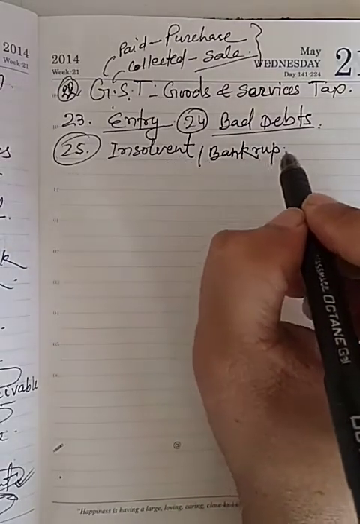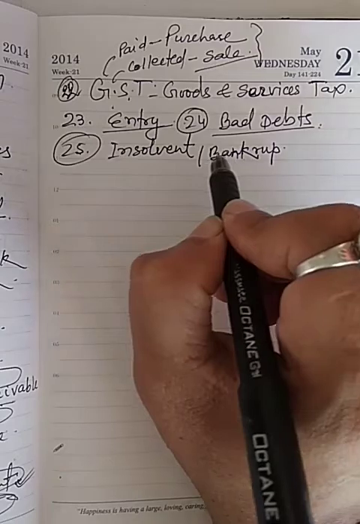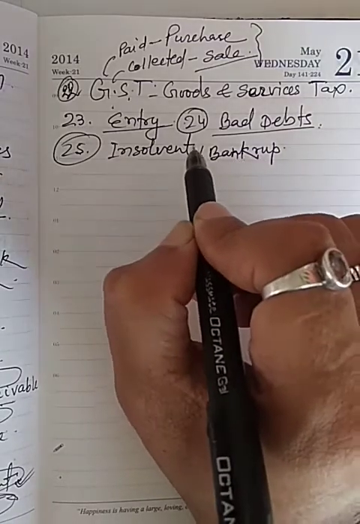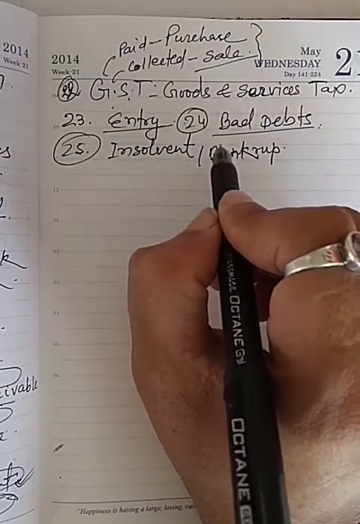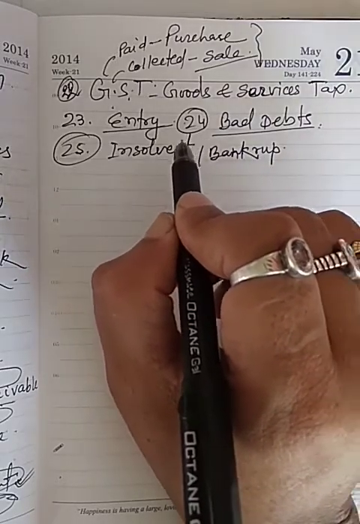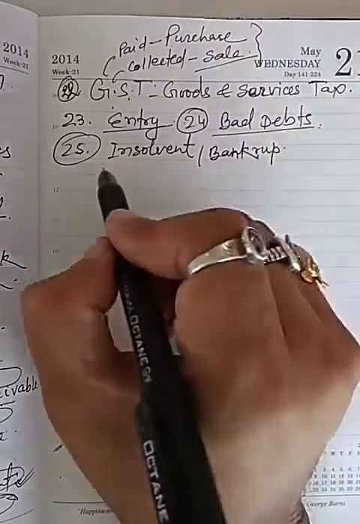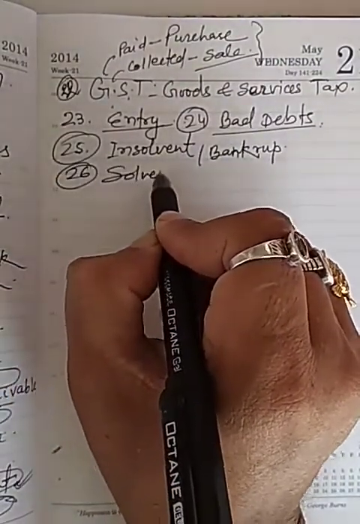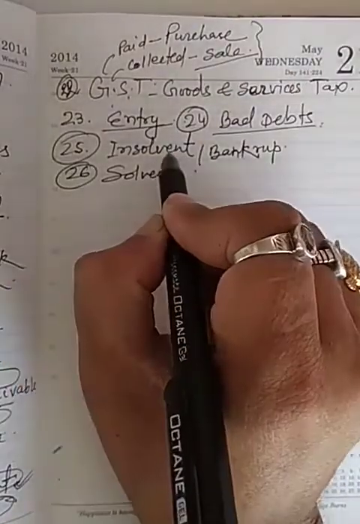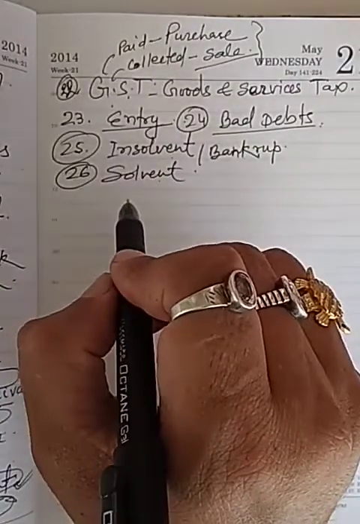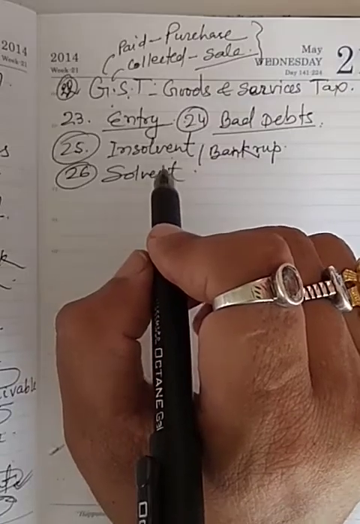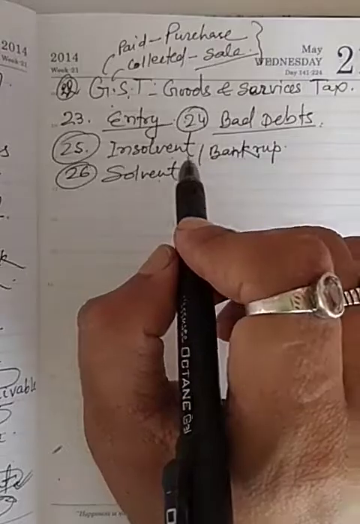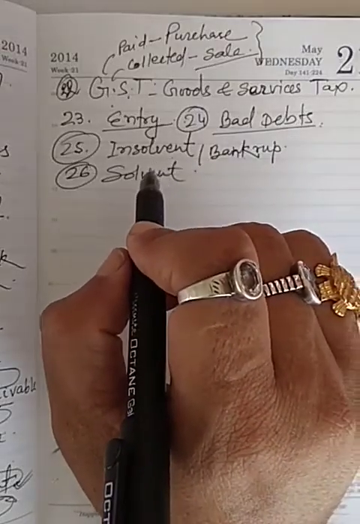Insolvent means a person or an enterprise which is not in a position to pay its debt. Now next thing is solvent, just opposite to insolvent. A person or enterprise which is in a position to pay its debt is called solvent.